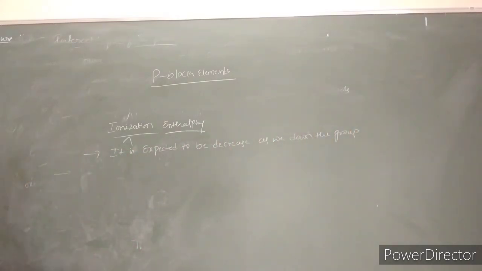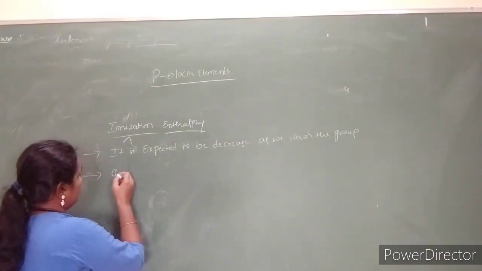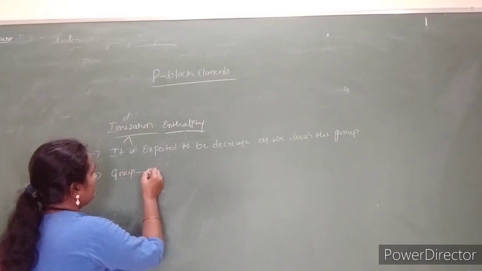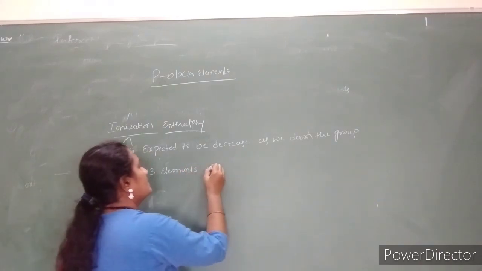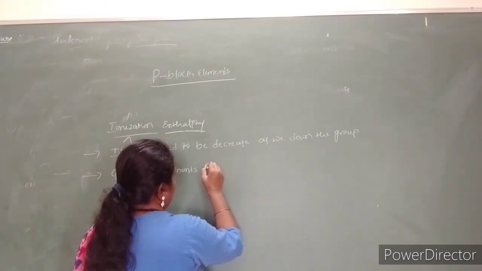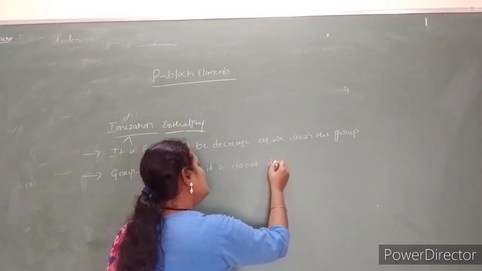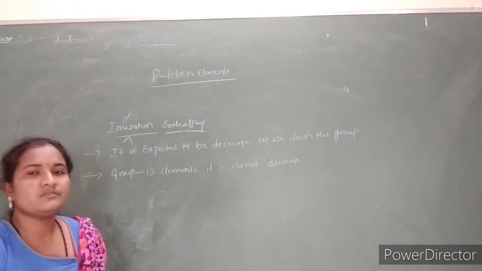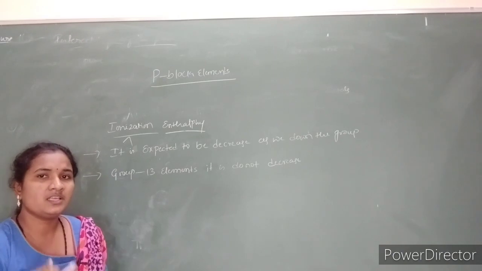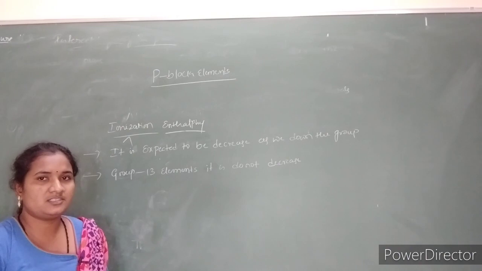It must decrease, but in the case of group 13 elements it does not decrease, except with respect to aluminium. Boron has a high ionization enthalpy, but compared to boron, aluminium has a lower ionization enthalpy.